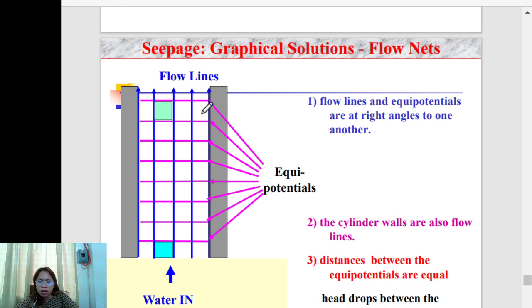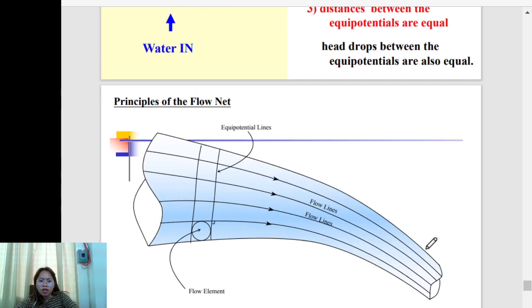We also have these flow lines in the direction of the water. The cylinder walls are also flow lines. Distances between the equipotentials are equal. This line here are the equipotentials, meaning that the head drops between the equipotentials are equal.